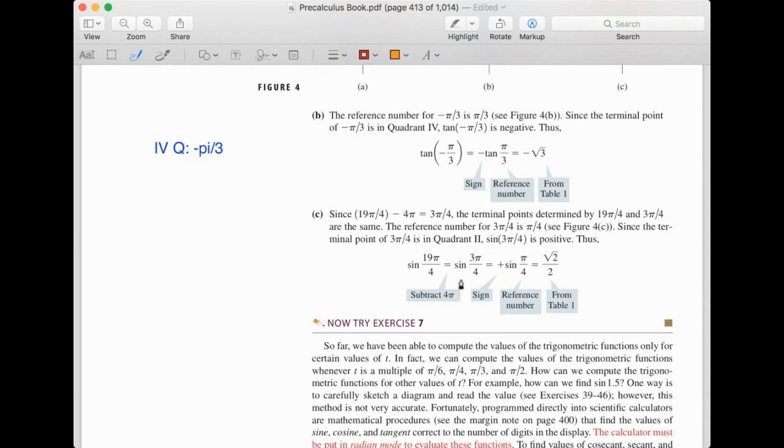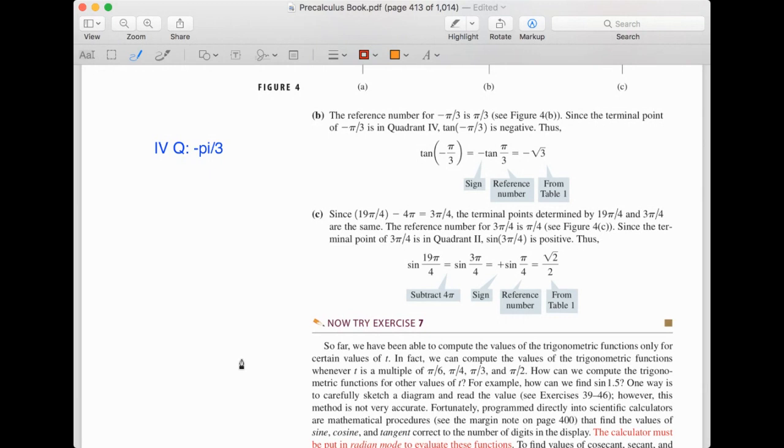But for odd pi's, we may not be able to ignore, all right? So sine 3 pi over 4, which is in the second quadrant, sine value being positive, so we have a plus sign. And the sine of its reference angle in the triangle, which is pi over 4. And sine pi over 4, we know is root 2 over 2.